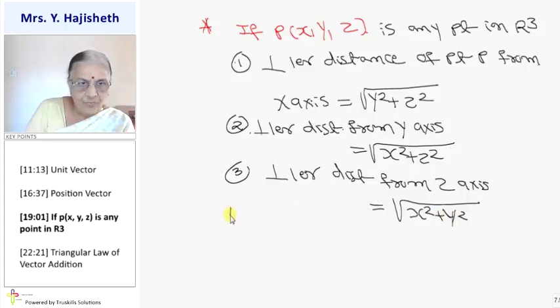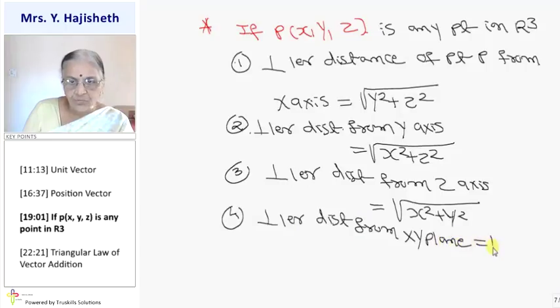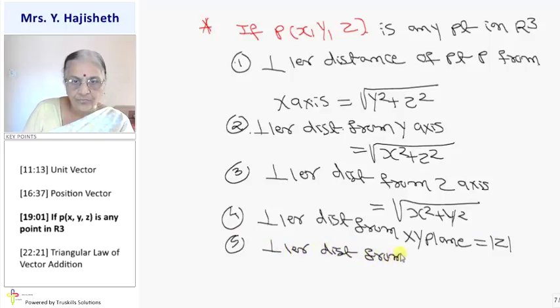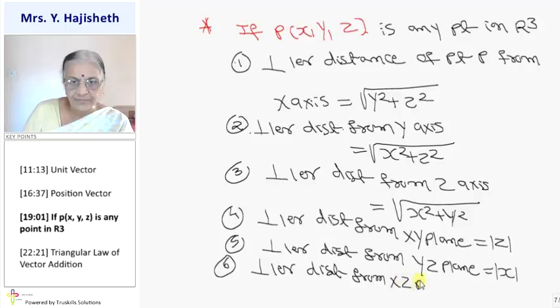क्लियर? Now fourth, perpendicular distance of point P from the XY plane. XY plane is what, it is mod z. Now perpendicular distance from the YZ plane, तो वो क्या आएगा? mod x. And the sixth point, perpendicular distance from the XZ plane is mod y.